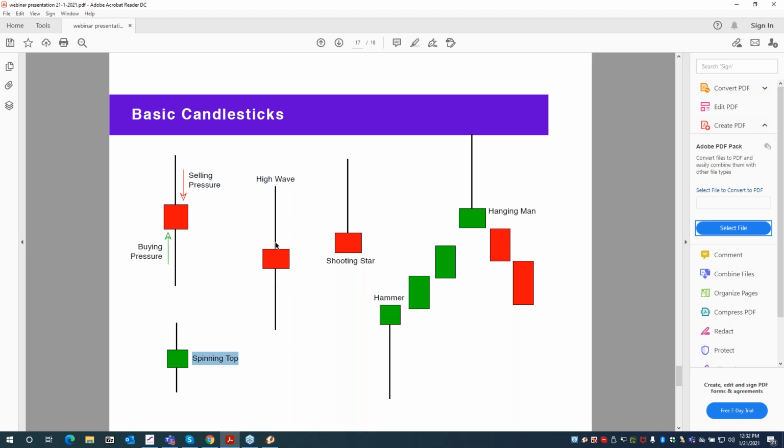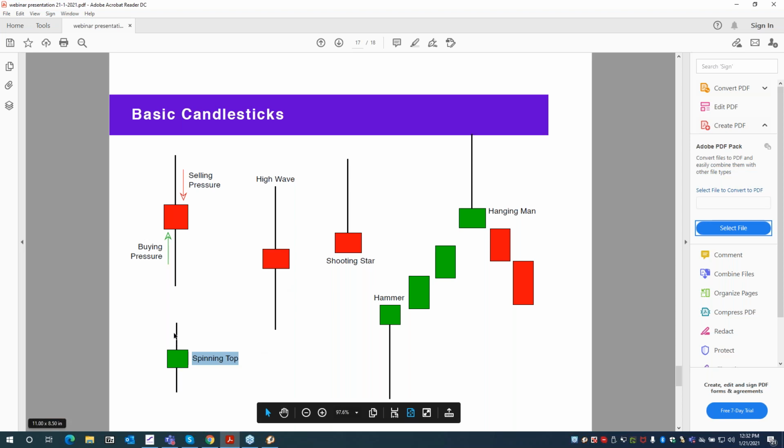Okay, the high wave, again, similar to what we were talking about with the spinning top, but usually you have shadows that are much longer. Usually having longer shadows means that there's a lot of volatility. So the longer your shadow is, the more volatility there is, the more uncertainty there is.